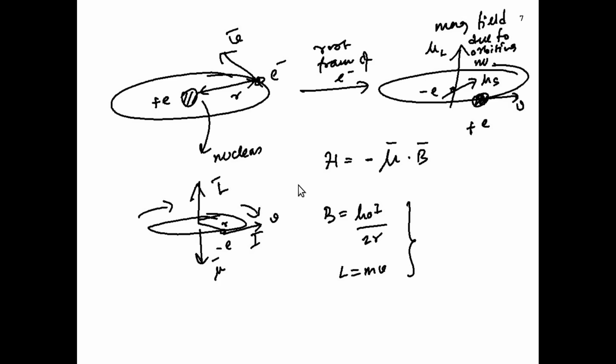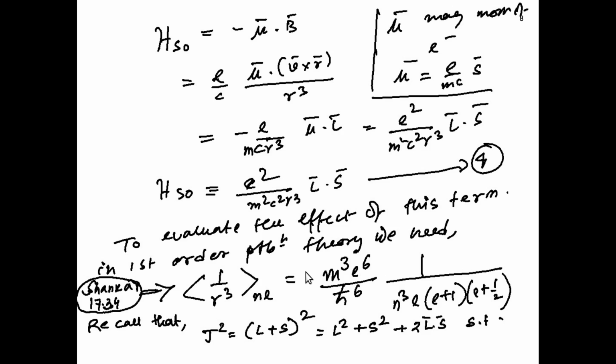Let's say L, and why is it L? Because it is of order r cross v, like an angular momentum. So the energy of this system will be the magnetic moment mu of the object at the center, dotted with B, the magnetic field produced by the current around it, which in this configuration is given by mu 0 I by 2r, where L is equal to L. So now the spin orbit coupling, the Hamiltonian contribution for this.